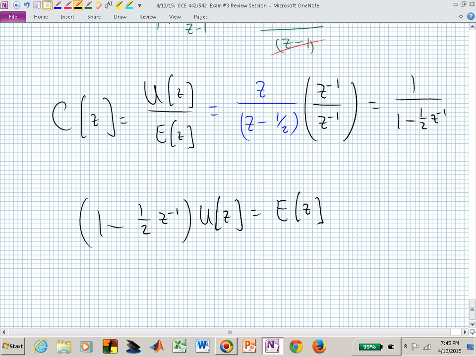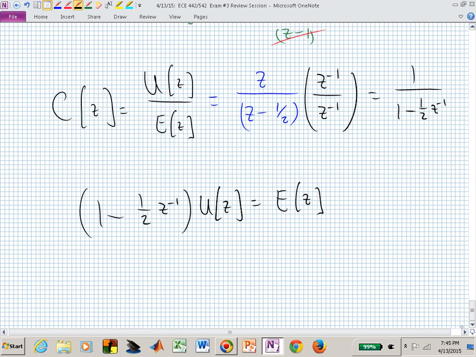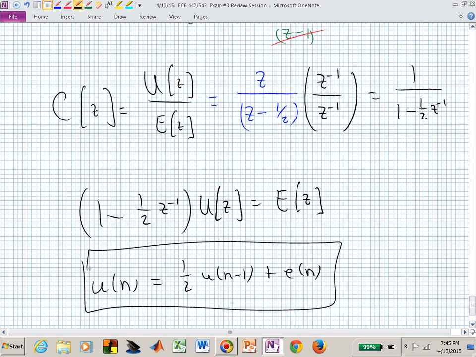Did I do that right? So that now in the time domain I have u of n is equal to 1/2 u of n minus 1 plus e of n. So the input going into my plant takes the present error and adds to that 1/2 of the input to the plant one time step in the past.